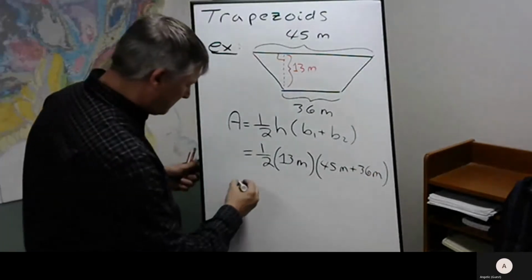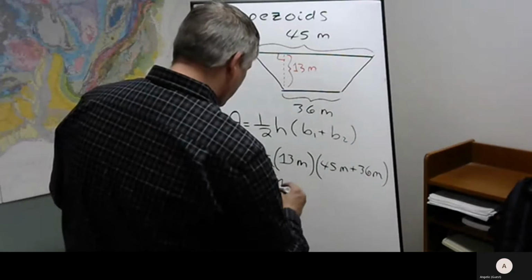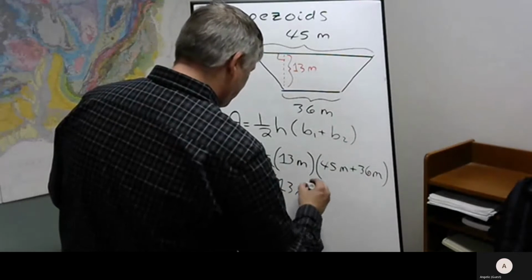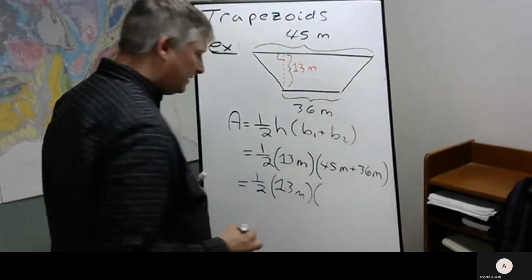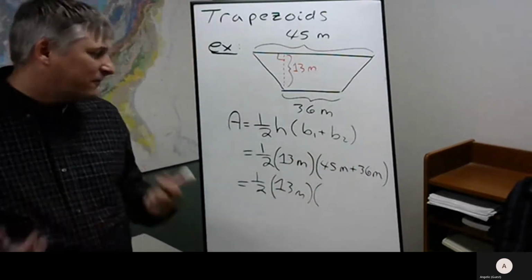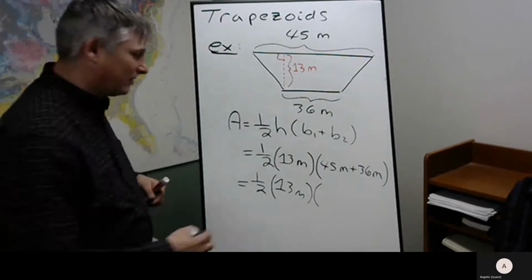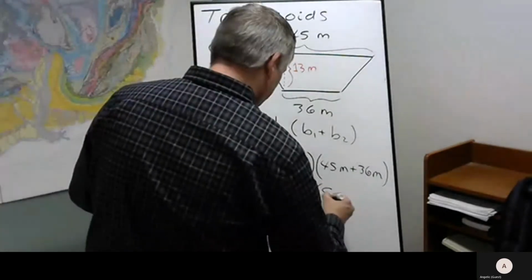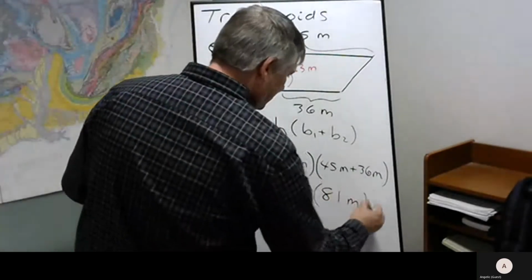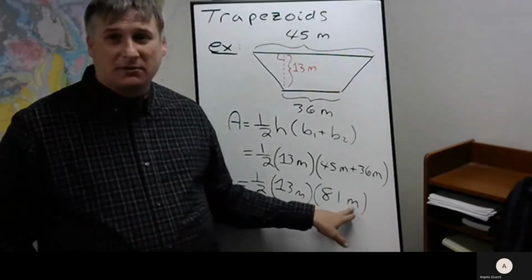So we want to follow our order of operations. So that means we want to add these first. So if we take 45, we add it to 36, it's going to be 81. And again, when we're adding measurements, the units just stay the same.